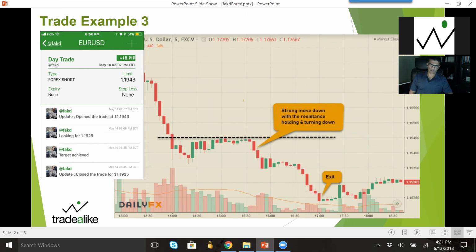In the hourly, the euro broke the support, and then it consolidated around that resistance, which was originally support. Once it showed me that long candle, that it was getting rejected at that resistance level, I got in. Then I got out at the next support level, which it was showing me on the hourly chart.